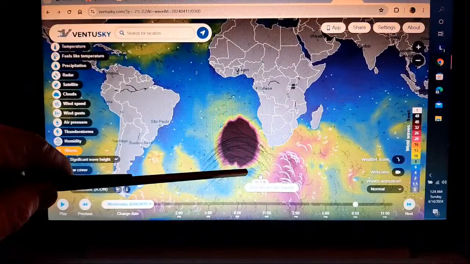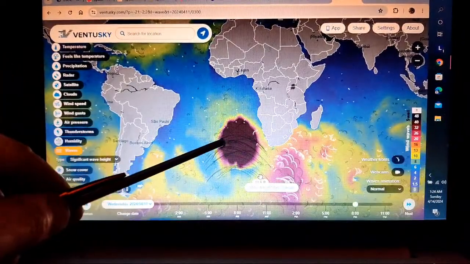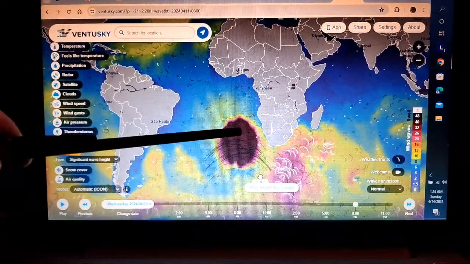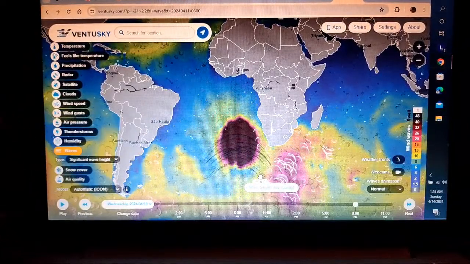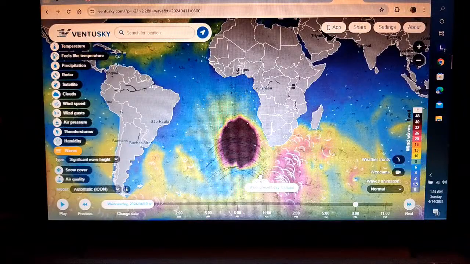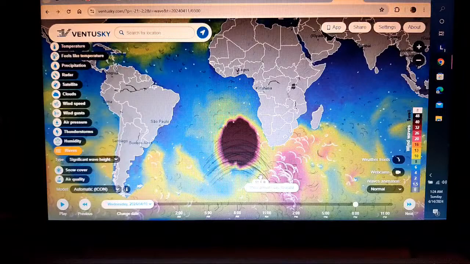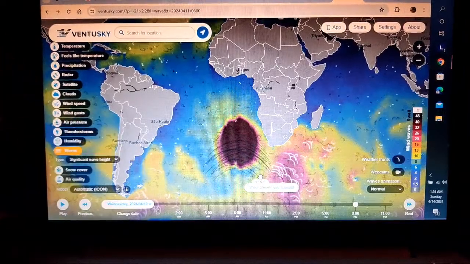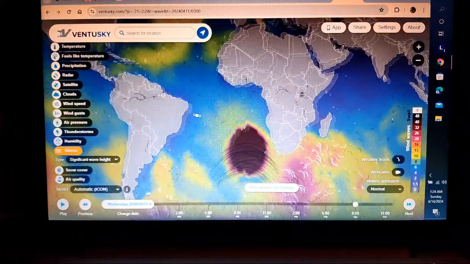Being 2,000 miles long and 1,500 miles wide, a lift of 80 feet to 100 would not be perceivable at all. At all. I'm telling you, if you're here in America, all right, let's pull this map down.